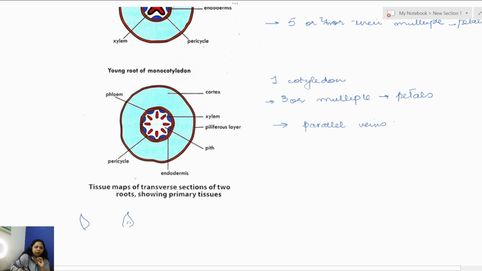The leaves were given like this, with straight lines, and there were different petals. They tell you to select the plants which are dicotyledon or monocotyledon. You need to look at the number of petals and the direction of veins, whether it's parallel or branched.